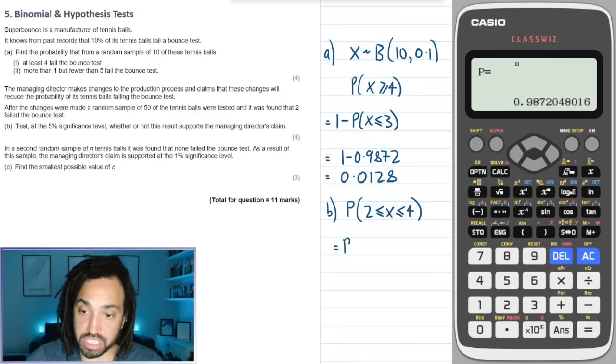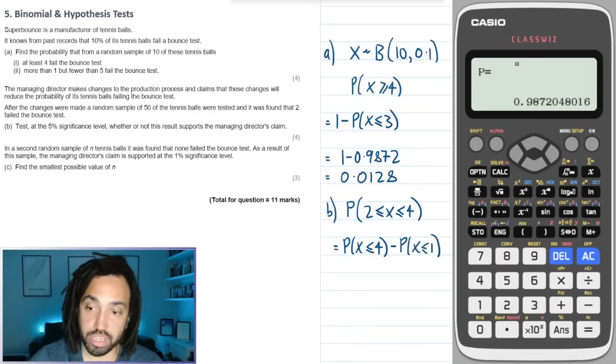Which is the probability that X is less than or equal to 4 minus the probability that X is less than or equal to 1.